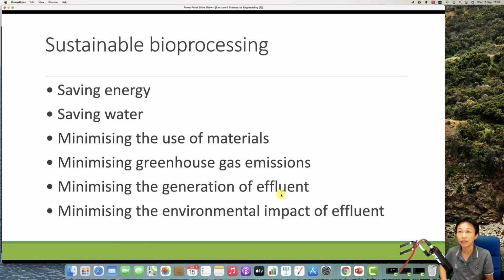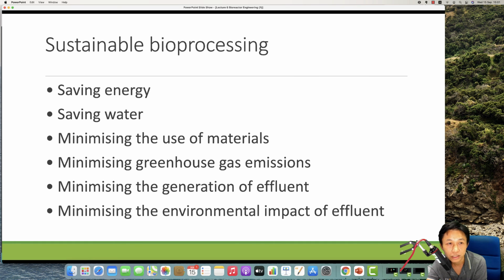So for the final part, if we want to use bioprocesses for a longer time, sustainably, we want to save energy, save water and some utilities, minimize the use of raw material, minimize greenhouse gas emissions, and not generate a lot of pollutant.